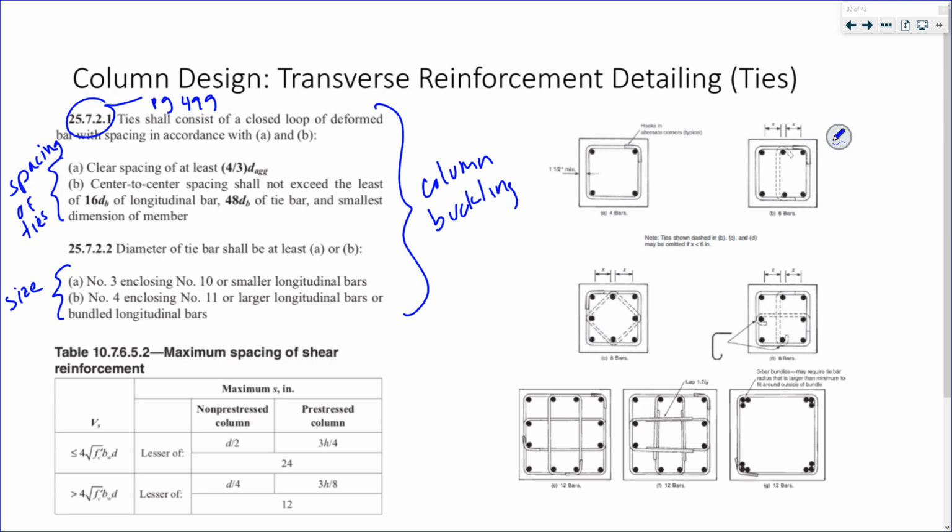If we're looking at column shear, we have spacing requirements. This should look similar to beams. Those are 10.7.